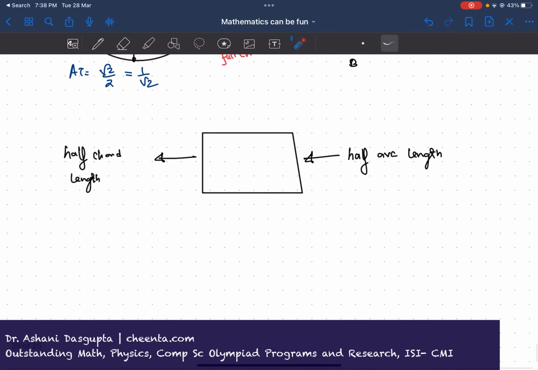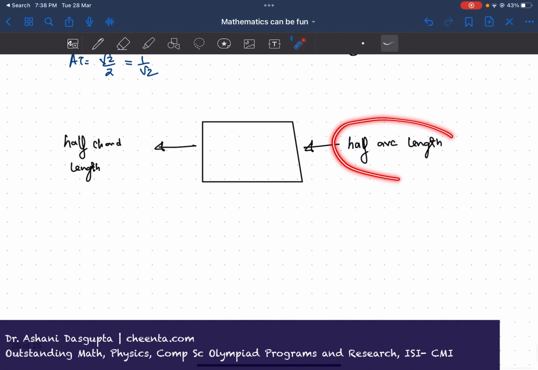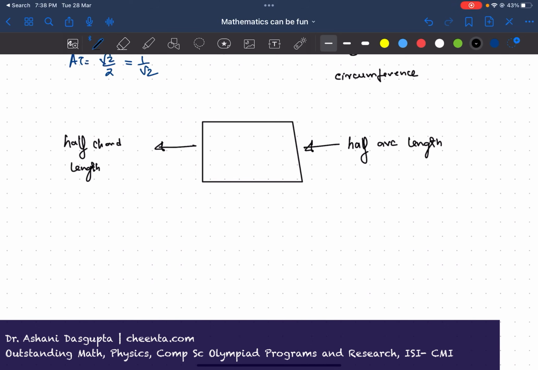Now, the full arc, the circle circumference, represents full rotation, which is encoded as 360 degrees. It's like the 360 days of the movement of the sun in the sky.